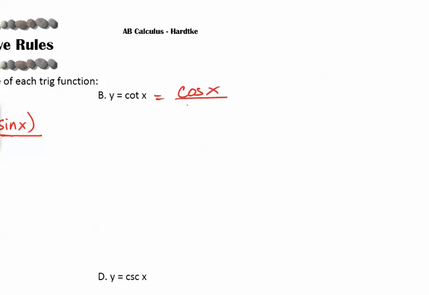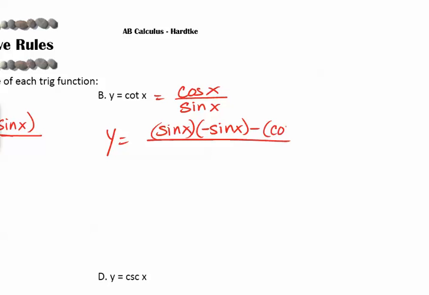By definition, it is cosine over sine. So we do our low function, d high, minus the high function, d low, all over the denominator squared. And now let's be careful about our signs here. Both terms of the numerator are negative.